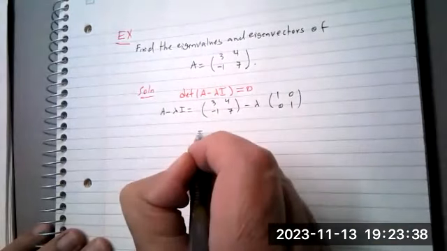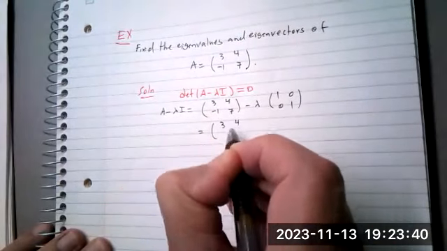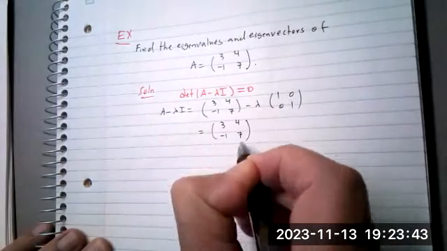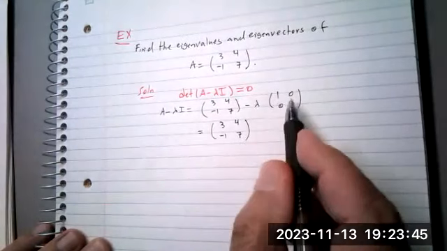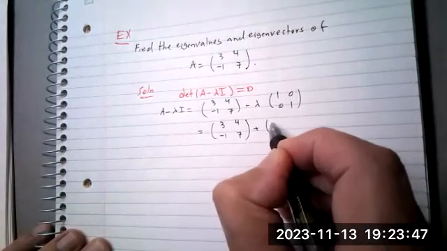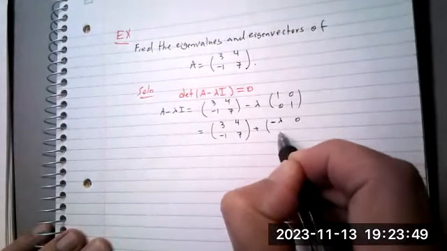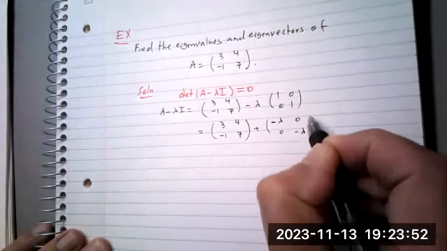If you multiply the lambda inside, you get negative lambda, 0, 0, negative lambda.